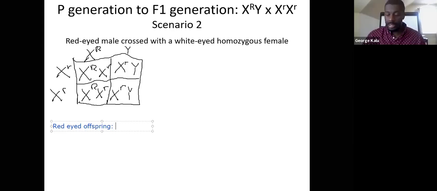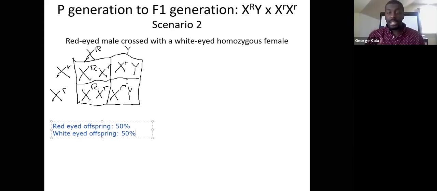So they're going to have the red eyes. How many offspring are going to have white eyes? 50%, right. 50% are going to have white eyes as well. Both these guys are going to contain the recessive allele, and nothing else.